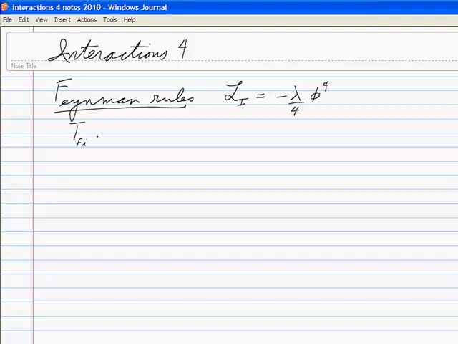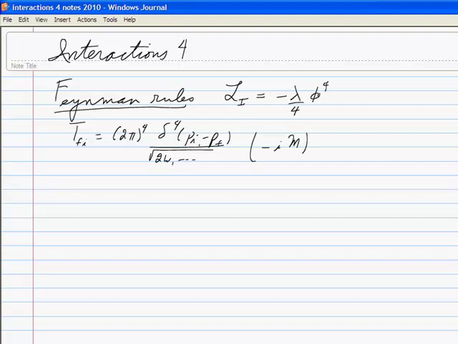So in general, if I have any old process, there's 2 pi to the fourth delta 4 of p initial minus p final, the overall momentum conservation. There's a bunch of normalization factors, 2 omega for every external state, and there's something that we call minus iM.